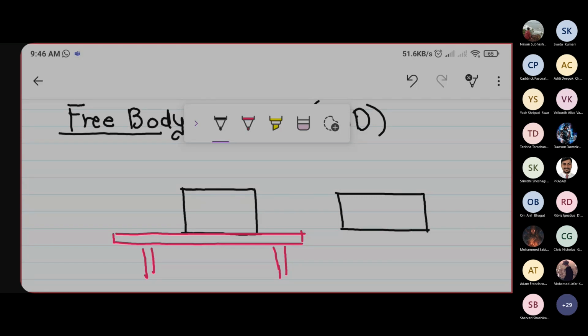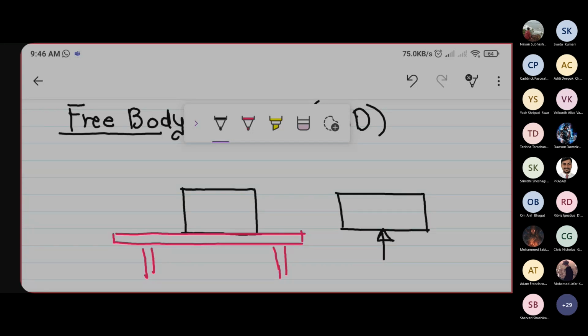Tell me. Applying force in upward direction.